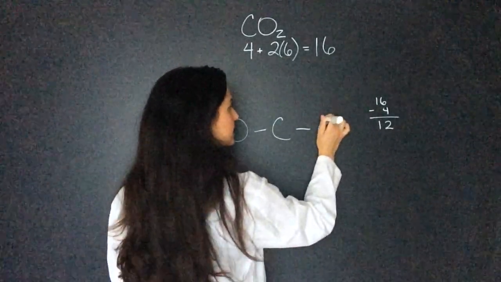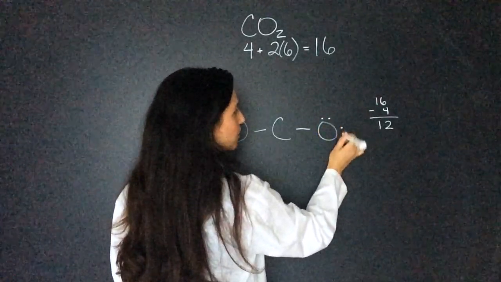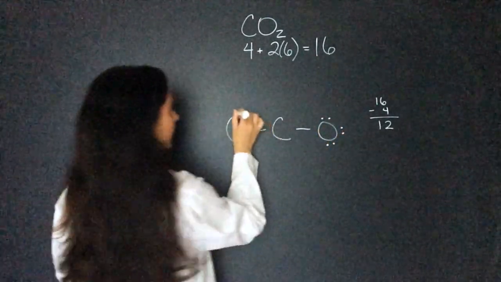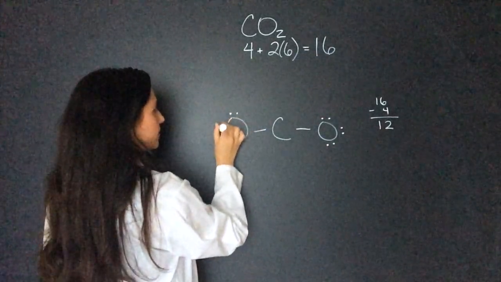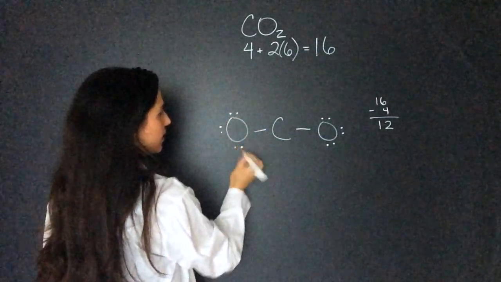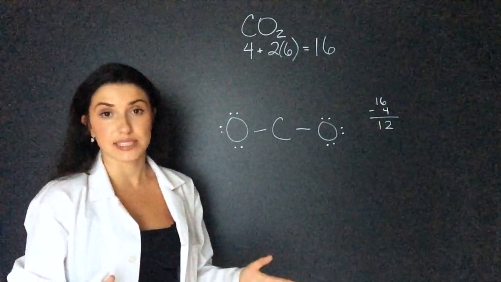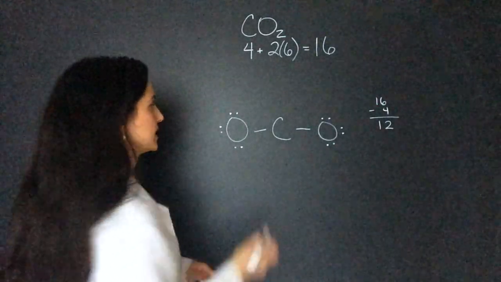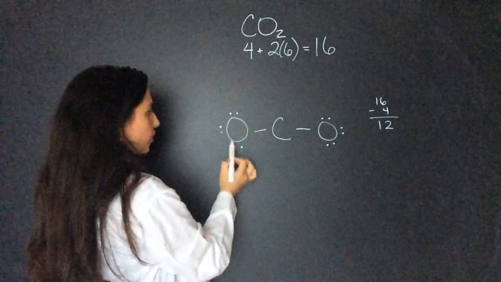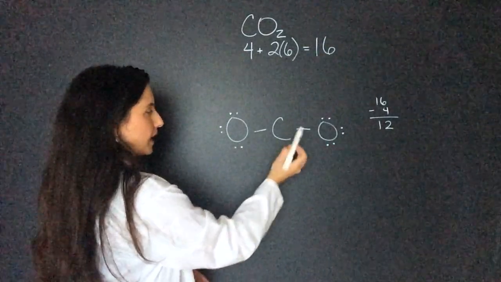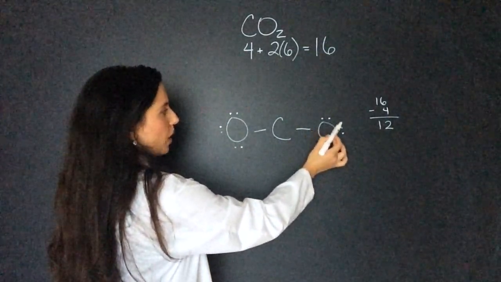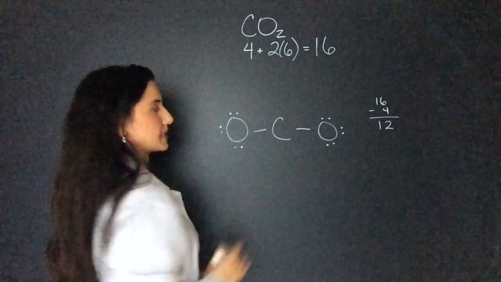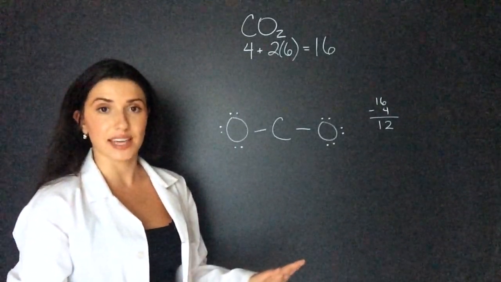So I'll put 6 on the oxygen because it's the most electronegative, and 6 on the other oxygen. Now I'll make sure I have 16 electrons, just in case I made a mistake. 1, 2, 3, 4, 5, 6, 7, 8, 9, 10, 11, 12, 13, 14, 15, 16. So I have 16 electrons.